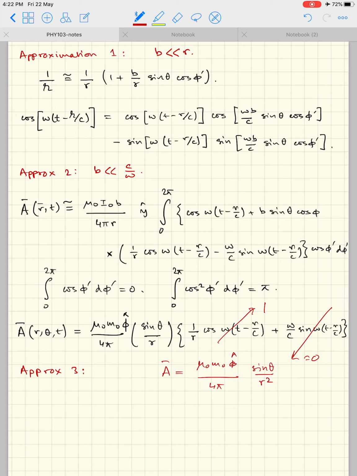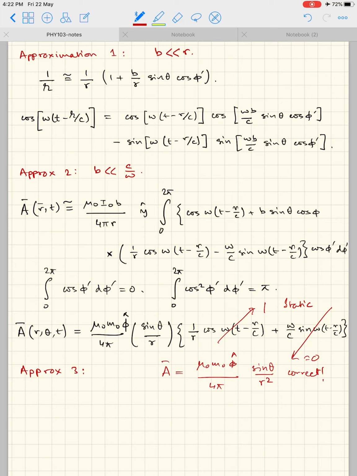This is the usual static answer that you have. So this is the static case, and that gives you the right answer.